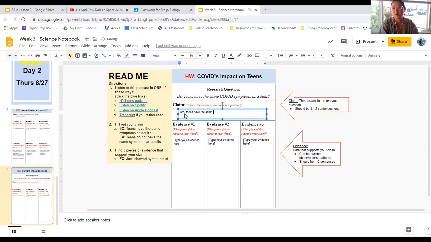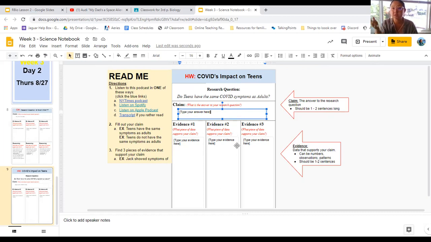So your claim is going to be either yes, teens have the same COVID symptoms as adults, or no, teens do not have the same symptoms as adults. That is up to you to decide based on this article. And then you are going to find evidence, like what piece of data in this article did you find that supports your claim?